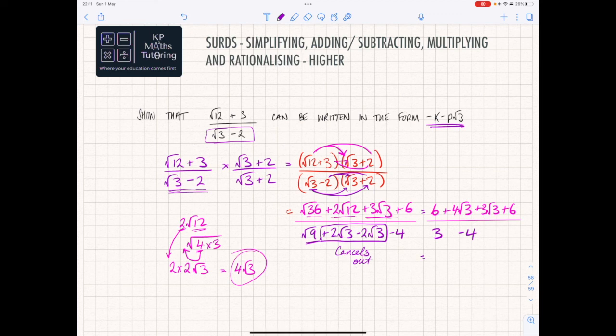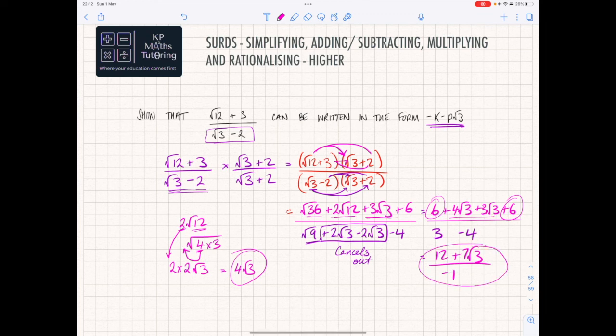So let's tidy that up. We've got 6 plus 4 root 3 plus 3 root 3 at the top, which means I have 12, because 6 plus 6 is 12. 4 root 3 plus 3 root 3 is 7 root 3. And at the bottom, we've got 3 minus 4, which is minus 1.